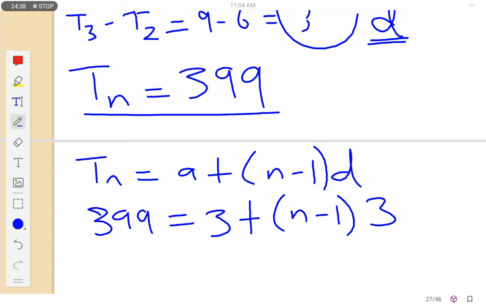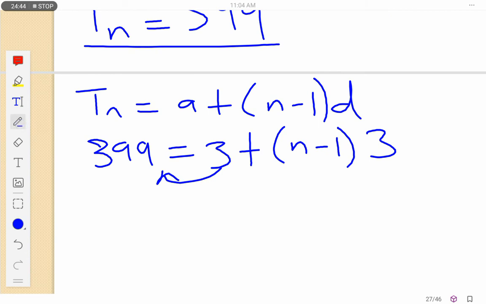Simplifying this, I'll have 399 minus 3, so 396 is equal to N minus 1 by 3 there.